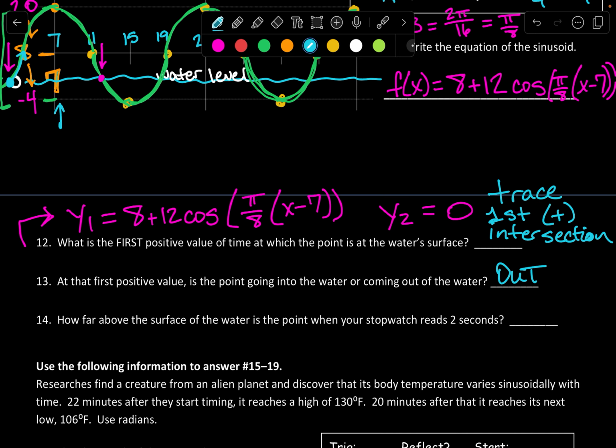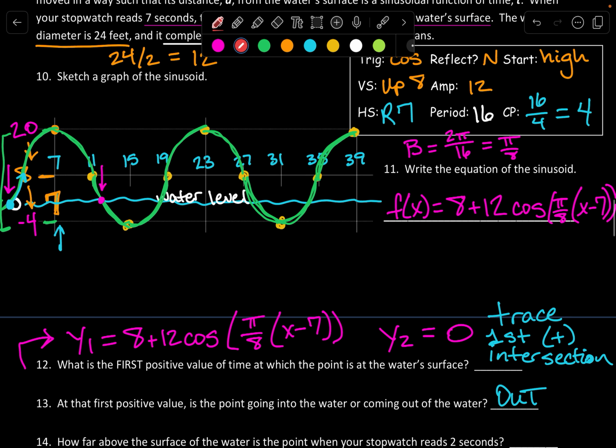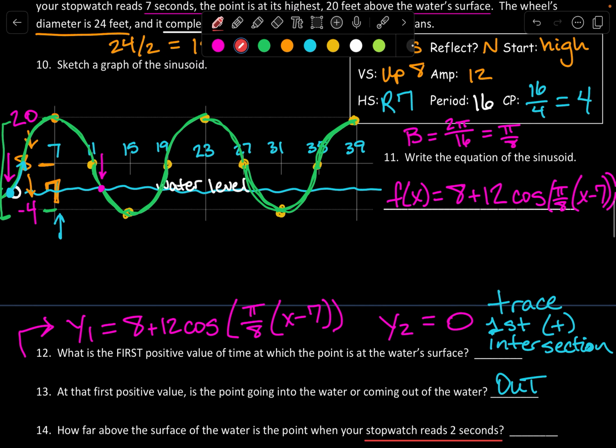It says, how far above the surface of the water is the point when your stopwatch reads 2 seconds? Stopwatch and seconds indicate time. And if we look at our function here, time is the x value, which is my input.